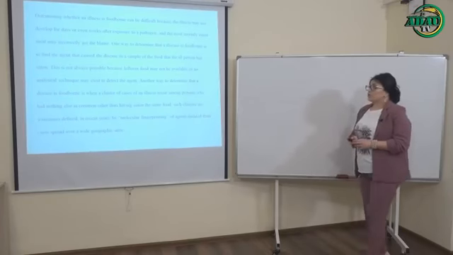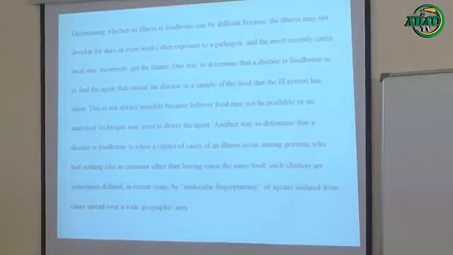Okay. Determining whether an illness is foodborne can be difficult because the illness may not develop for days, even for several weeks after exposure to a pathogen. This period we call the incubation period.